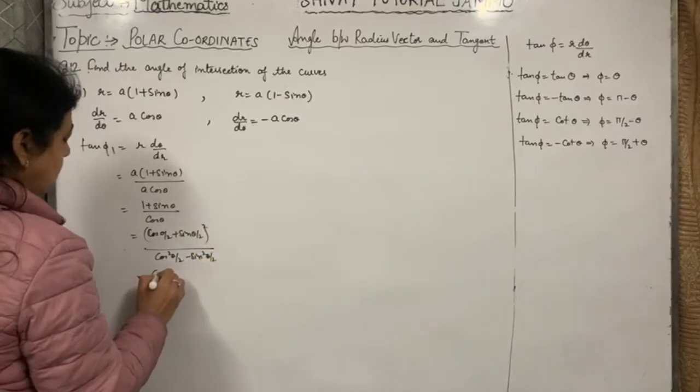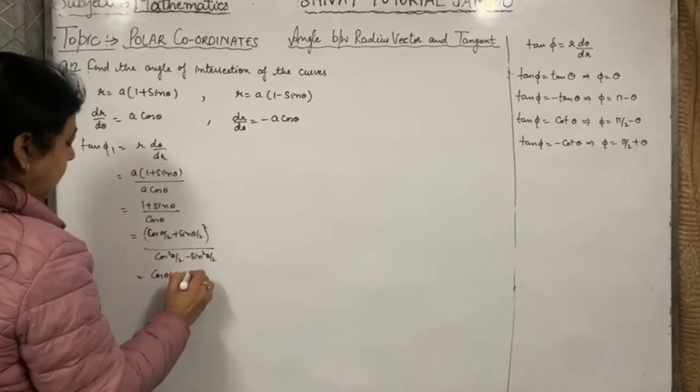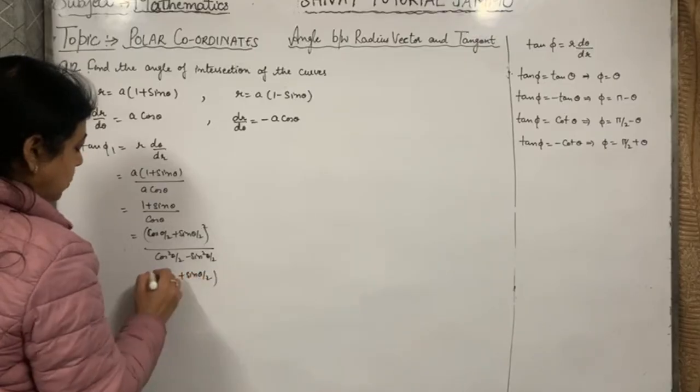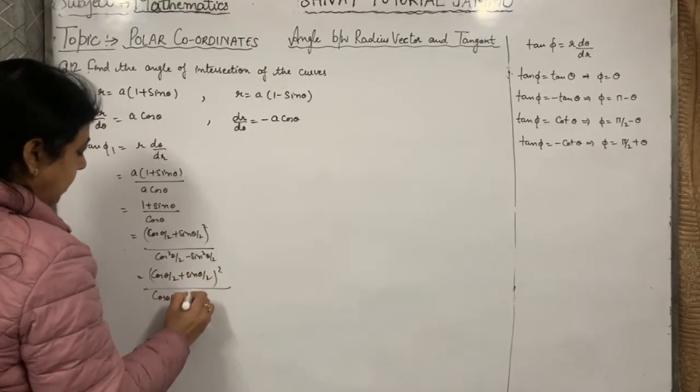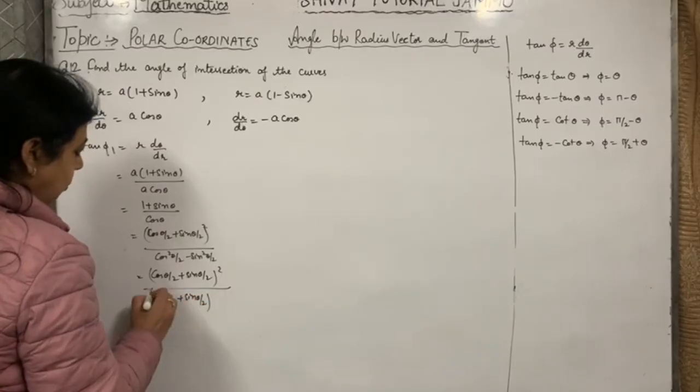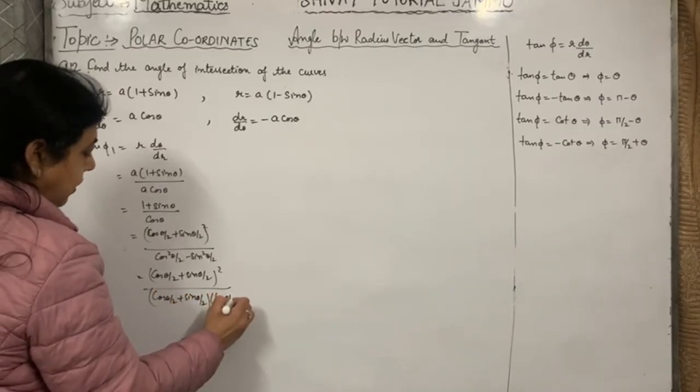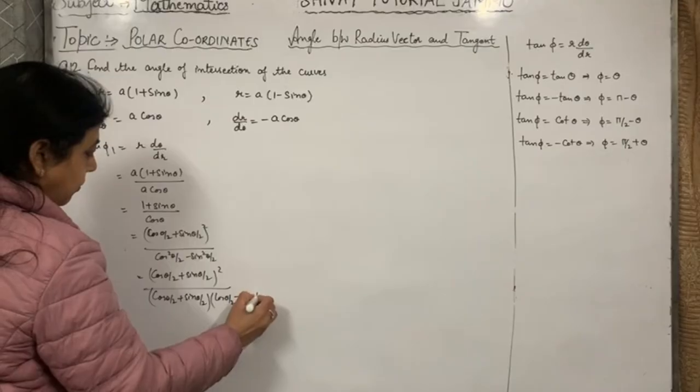I will write it as (cos theta/2 + sin theta/2) whole square upon (cos theta/2 + sin theta/2) into (cos theta/2 - sin theta/2).